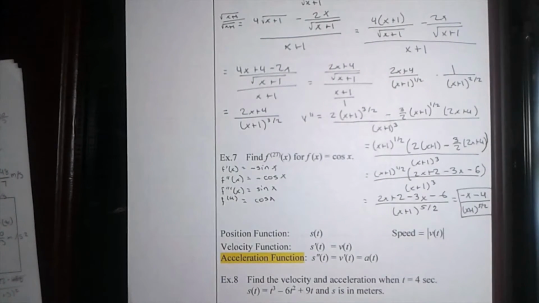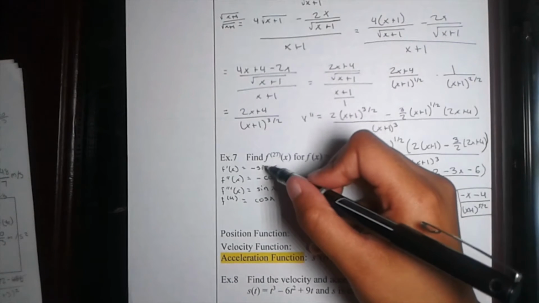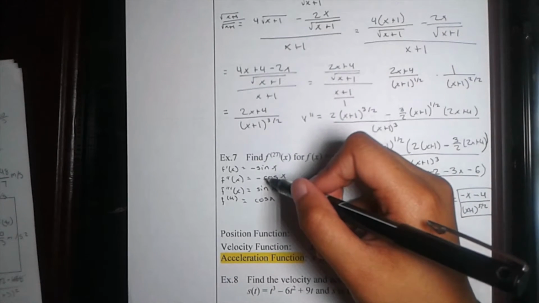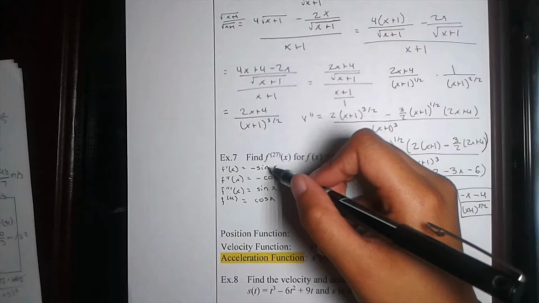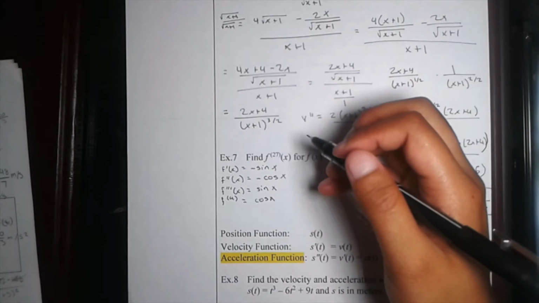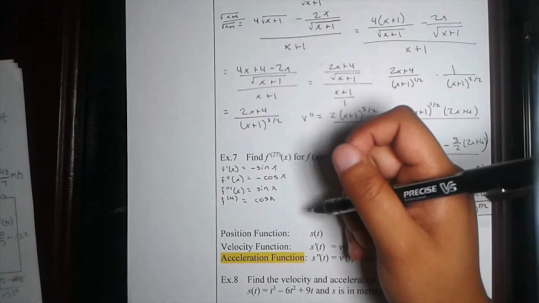So 4 goes into 27 6 times, and you get 24.